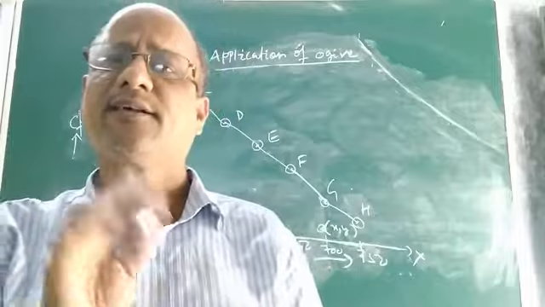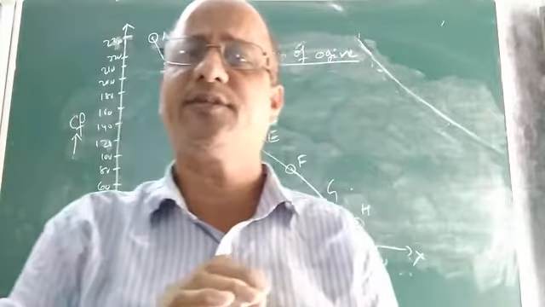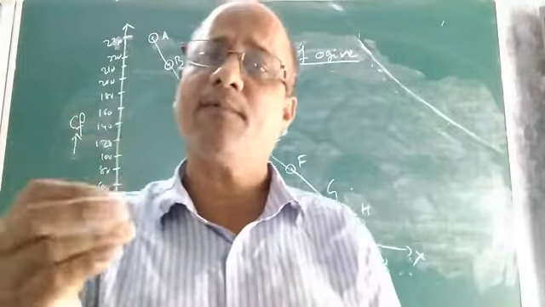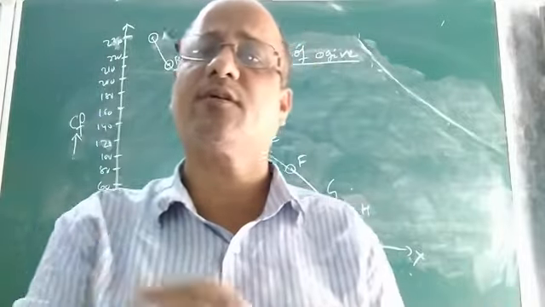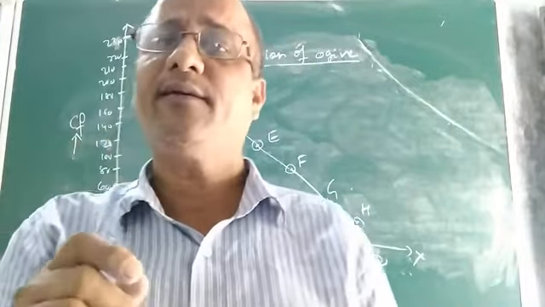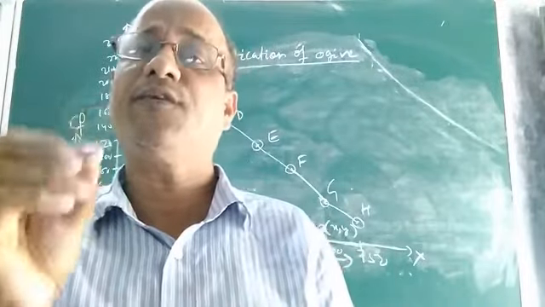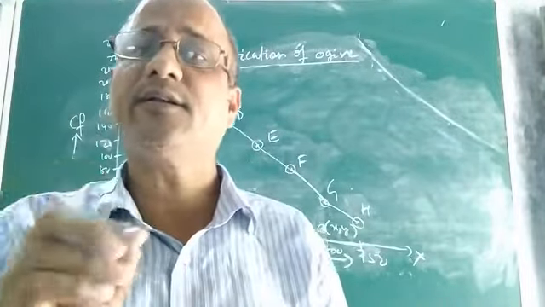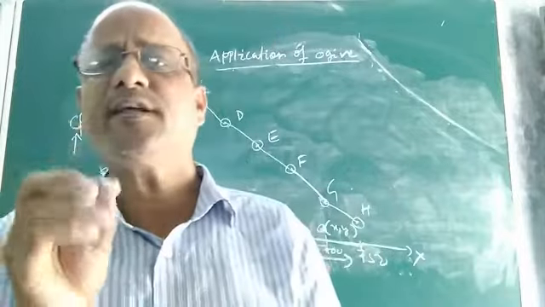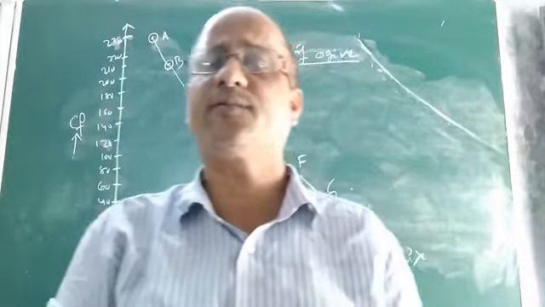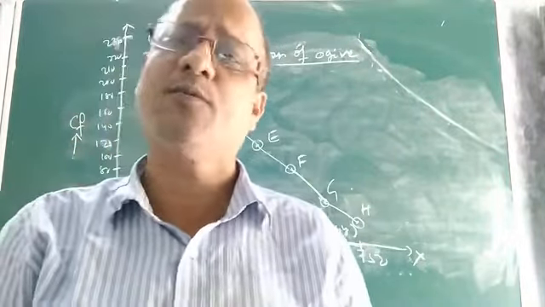Today, in this class, let us discuss the application of ogive, where we can apply ogive or cumulative frequency curve. We can apply ogive to find the median of a continuous frequency distribution. Children, you know how to find the median of a continuous frequency distribution by the formula method.